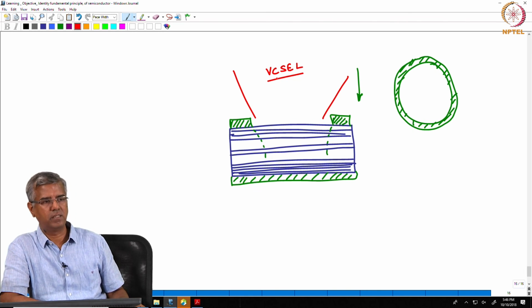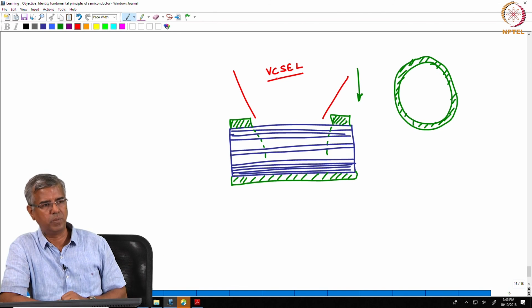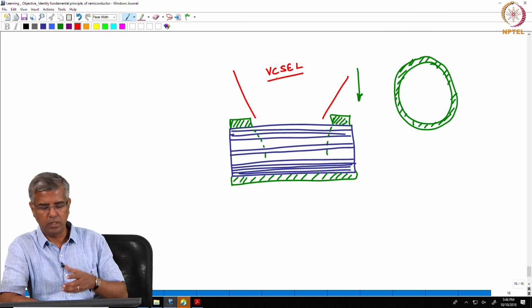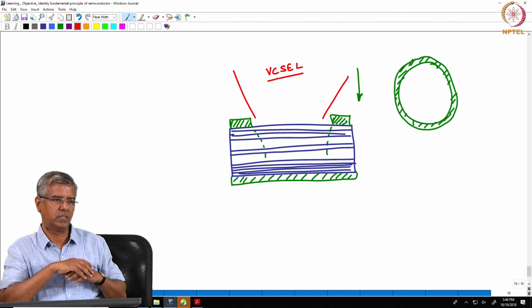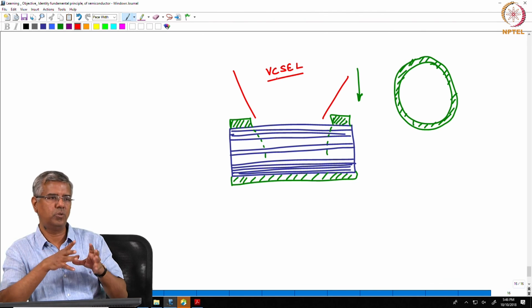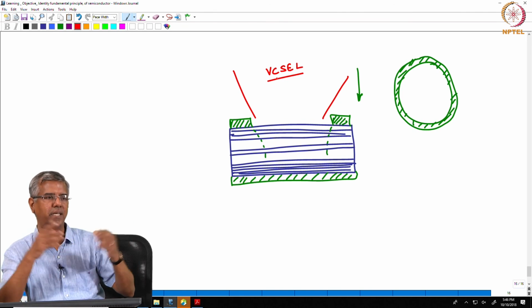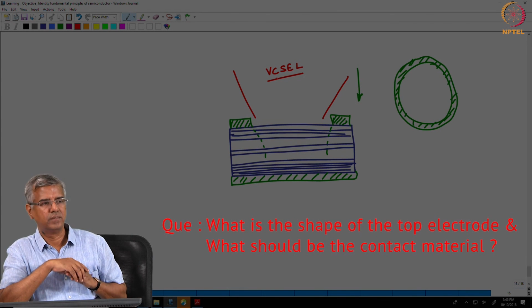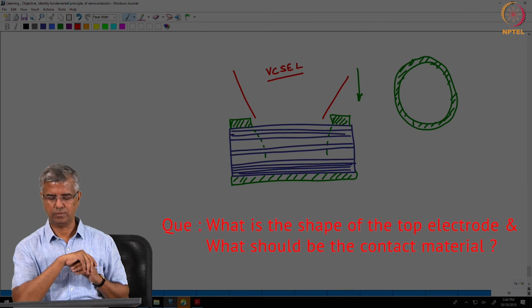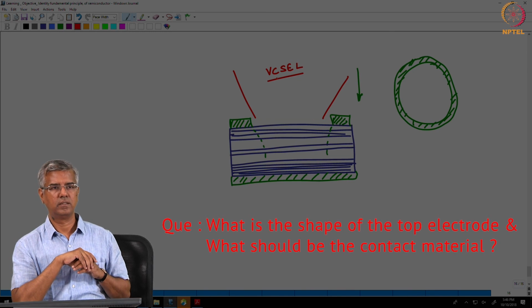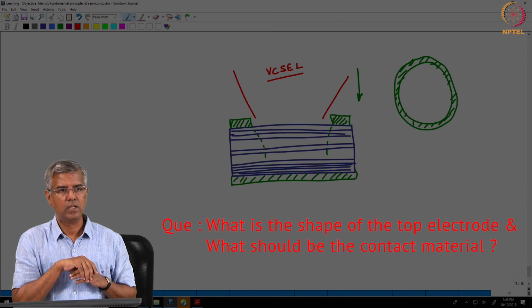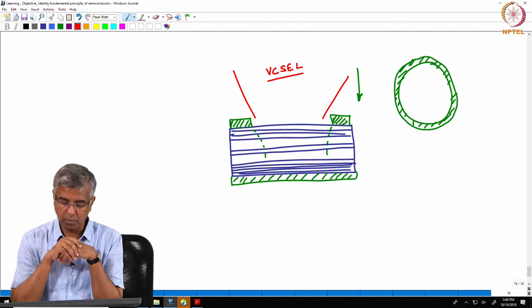That is the top electrode, and then you have the bottom electrode, which is totally planar. No, the bottom electrode can be continuous. The top electrode is a ring only to define an aperture through which light can escape. That is an important point, yes.